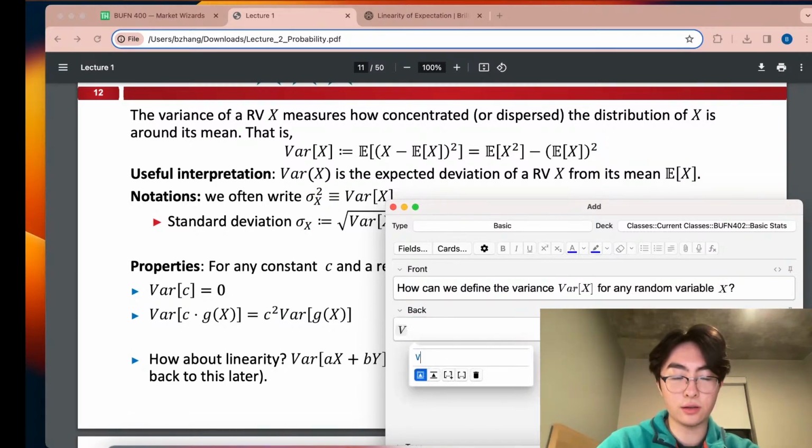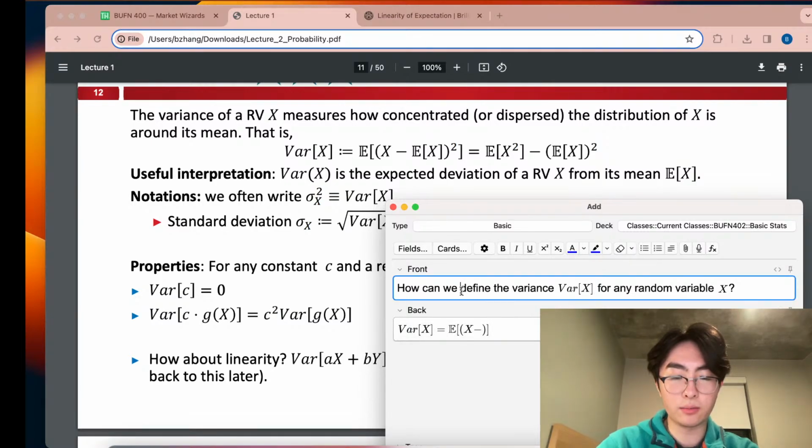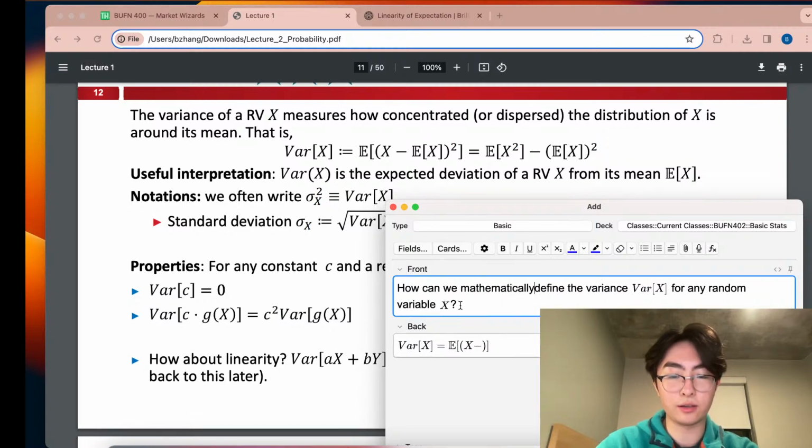So let's say variance of x is equal to the expectation of x minus the, we mathematically define.